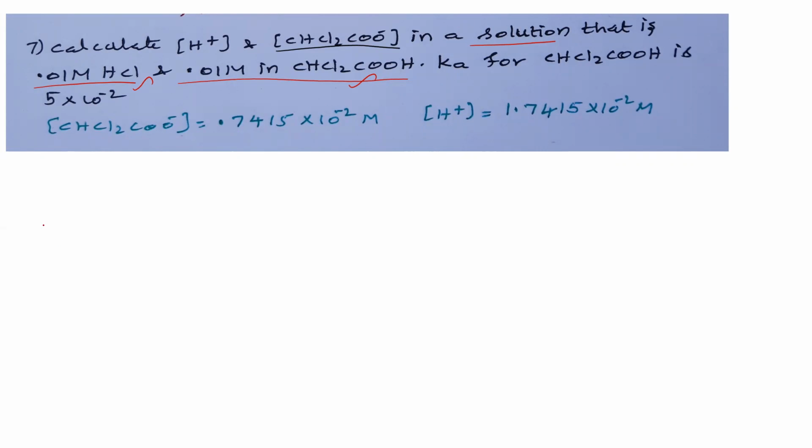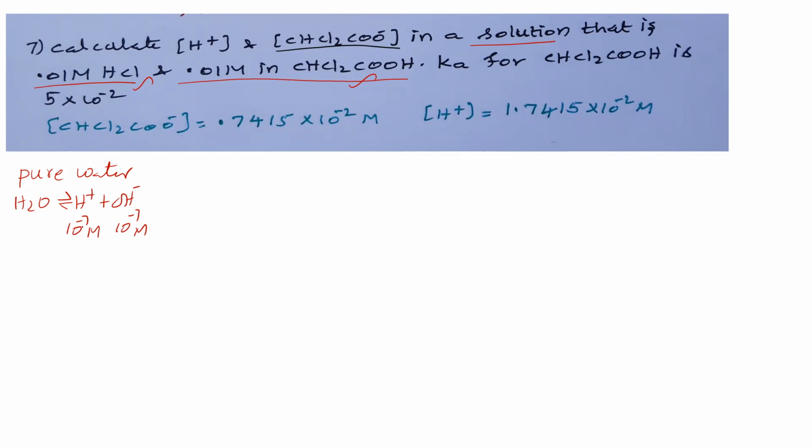We take pure water, a certain amount of pure water. In this pure water, water is in equilibrium with H plus and OH minus. The H plus concentration is 10 power minus 7 molar and the OH minus concentration is 10 power minus 7 molar at 25 degrees Celsius.